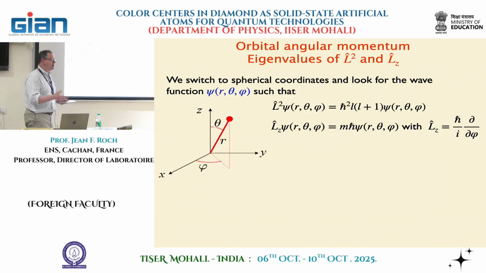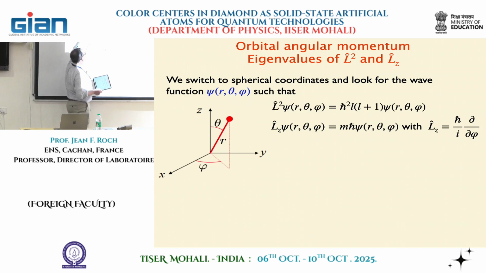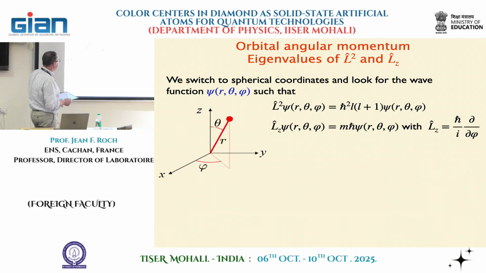Okay, now I come back to the orbital angular momentum and the eigenvalues of L squared and Lz. We switch to spherical coordinates and we look for the wave function psi of r, theta, phi. And of course, what I need to take into account is how these operators L squared and Lz act on this wave function defined in spherical coordinates.